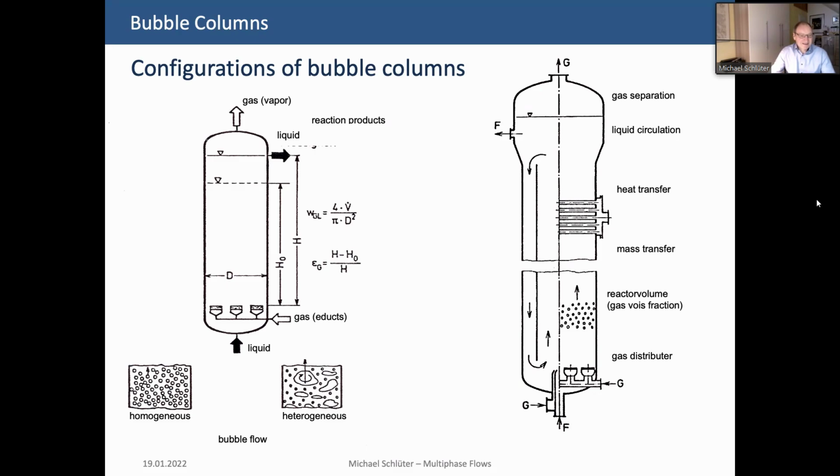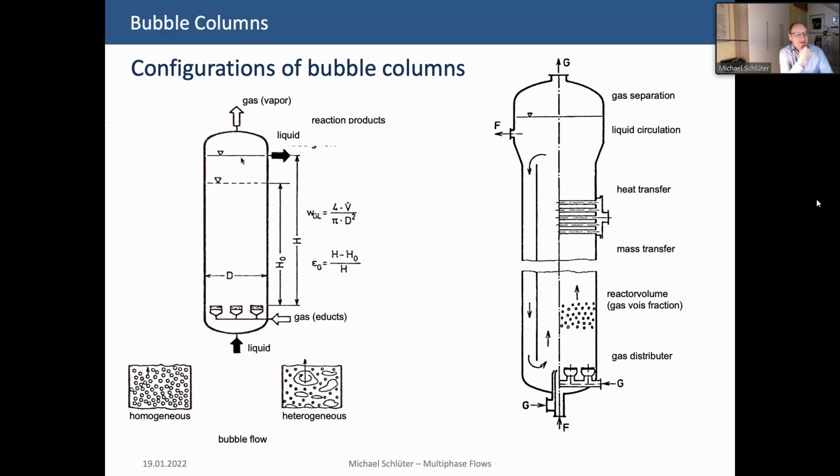And there are, of course, several reasons why these correlations are so unreliable. One reason is that most of the correlations have been derived for empty columns, like here on the left-hand side. This is a typical simple equipment for a laboratory experiment. And you already know how to measure the gas hold-up here. We measure the aerated system, the gassed system, with a high liquid level.